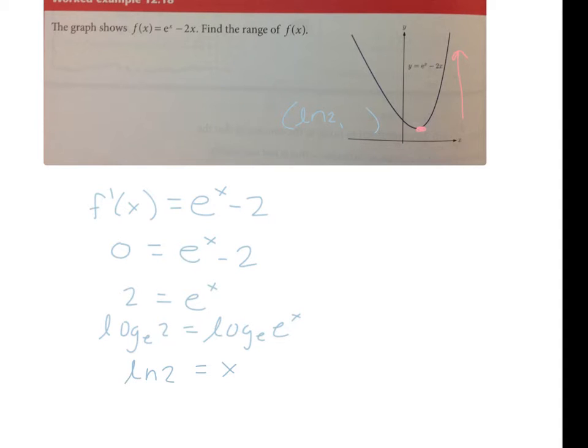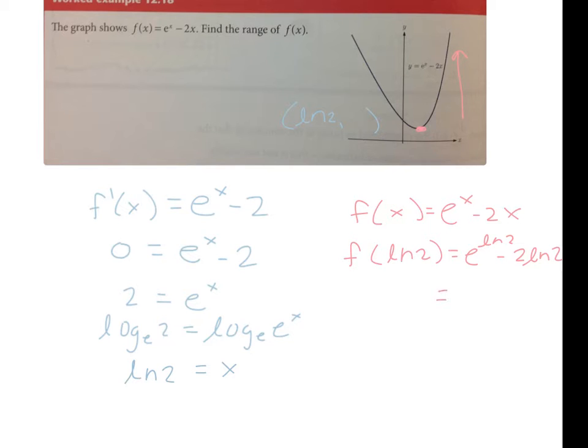Now we don't know what the y value is of that stationary point, but we can definitely find it by plugging into our original function. So here's our original function, and we're going to plug in natural log of 2. And e to the natural log of 2 is really e to the log base e of 2.